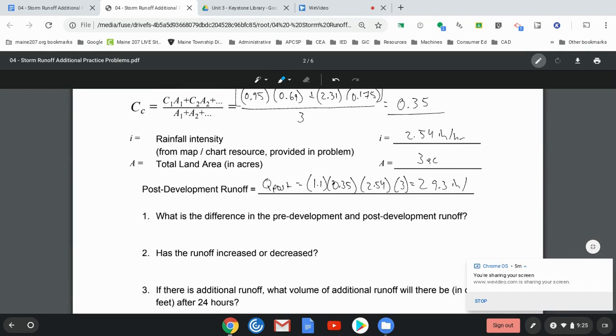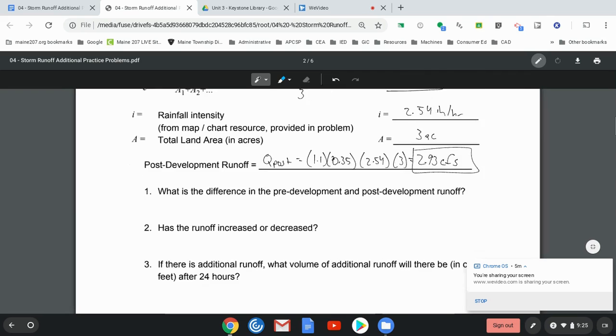Sorry, not inches per hour. Cubic feet per second.